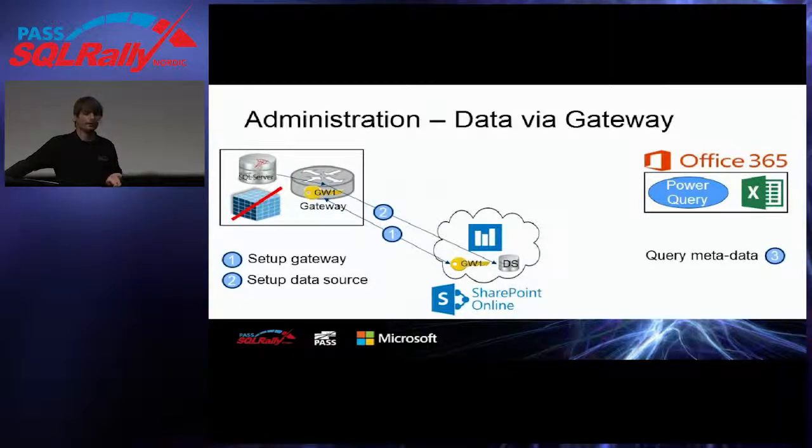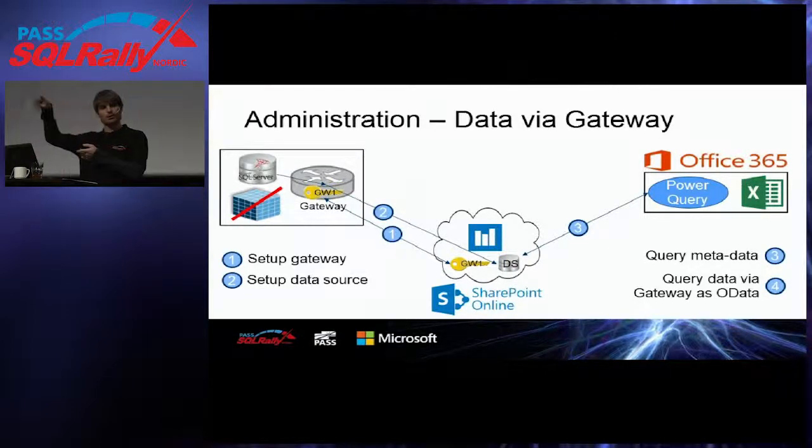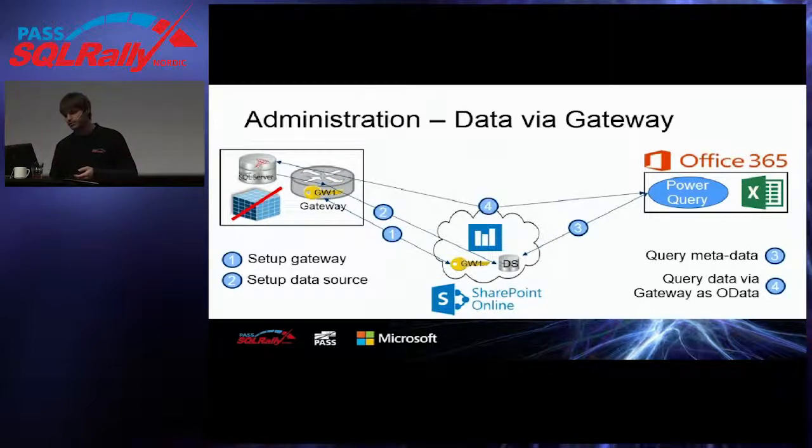And once you have selected one of those queries, you basically connect to Power BI, which establishes a connection to the gateway, loads the data via Power BI to your client using OData. So this is one setup on how you can get your data.